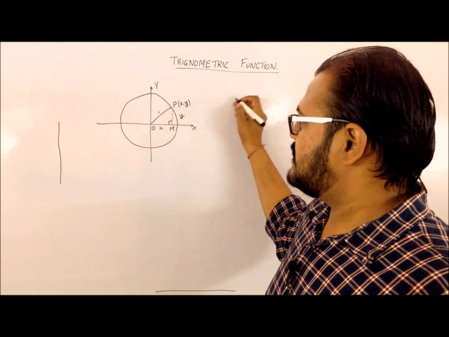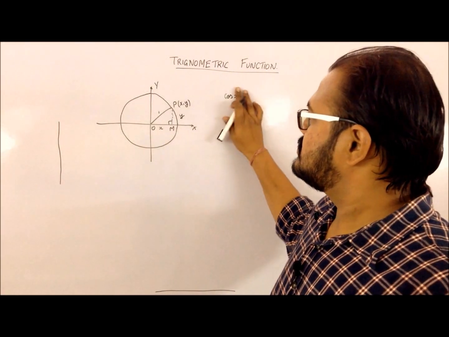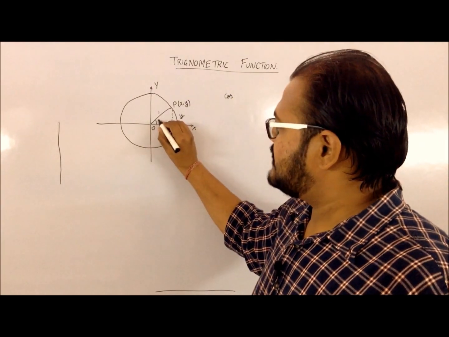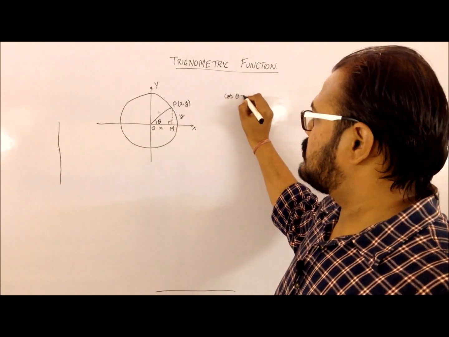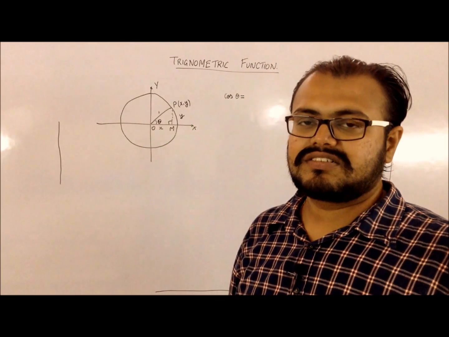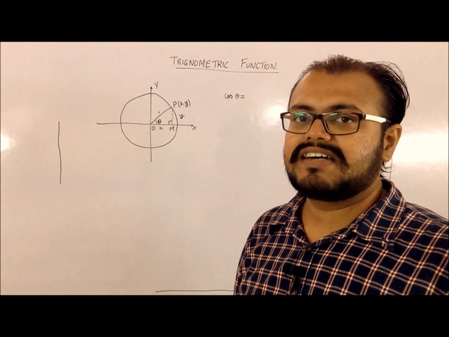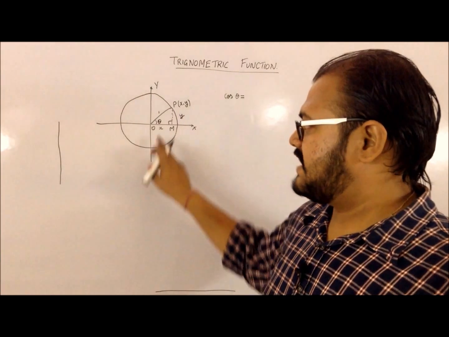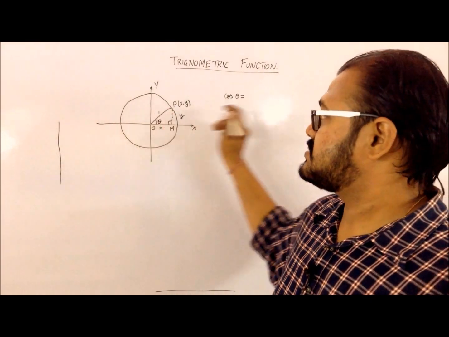So the first value which I am going to have is my cos. So let this be my theta. If I want to find cos theta, by definition of cos, it is the side adjacent upon the hypotenuse. So side adjacent to this theta is x and hypotenuse is 1.